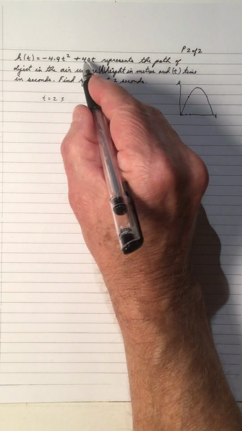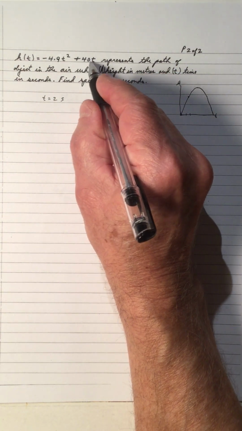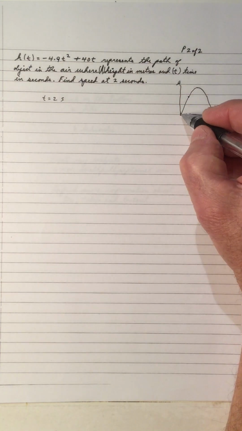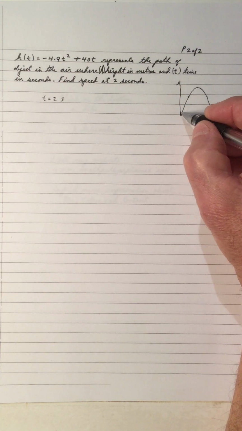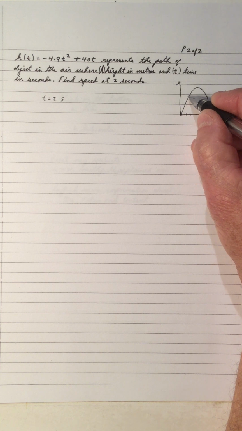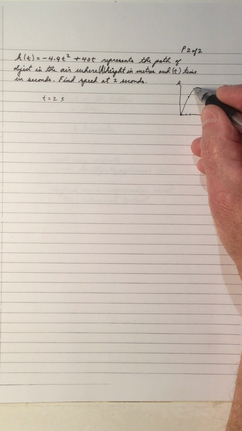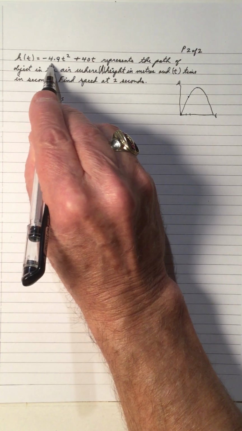And the 40 here is the velocity that this object is going up in the air. As it goes up at 40, its speed is going to slow down because of the gravity pulling against it.